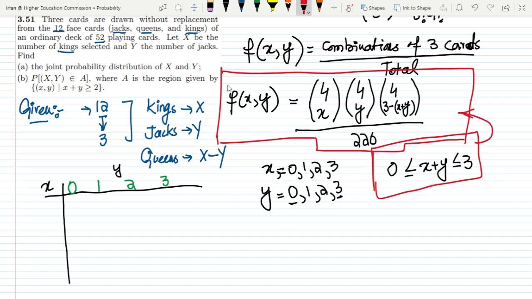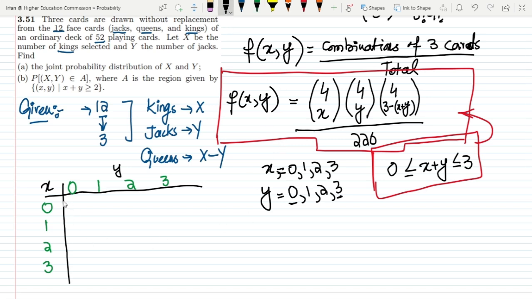Okay, so these are the quantities we have. Similarly for x, I can write here 0, 1, 2, 3. Okay, so on the basis of it, I have to make these selections and write the formula.